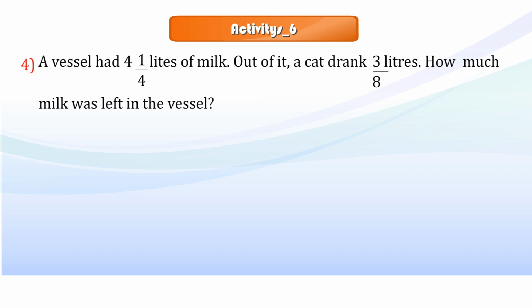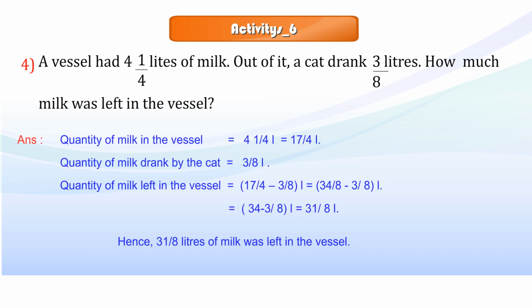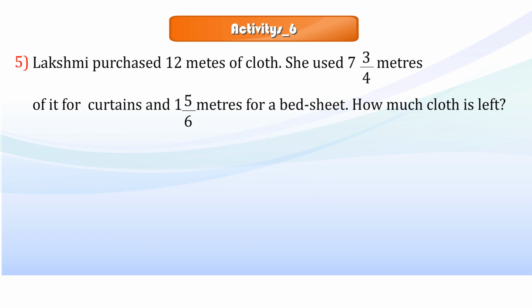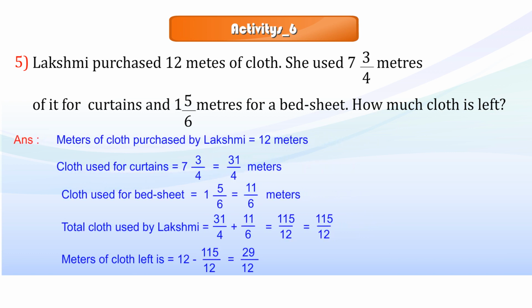How much milk was left in the vessel? Five. Lakshmi purchased 12 meters of cloth. She used 7 3 by 4 meters of it for curtains and 1 5 by 6 meters for a bed sheet. How much cloth is left?